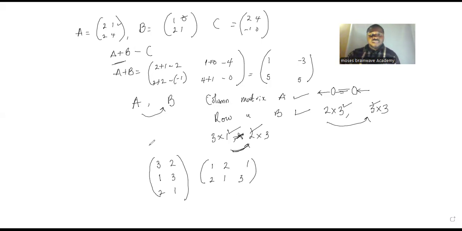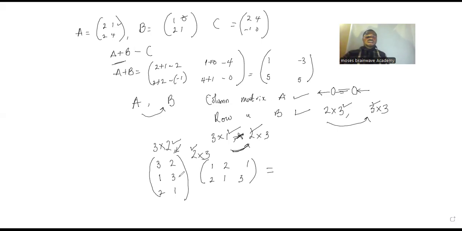Let's consider: this has 3 rows by 2 columns. This one has 2 rows by 3 columns. You can see that the column of A, the initial matrix, is the same as the row of this matrix. So we can multiply this.